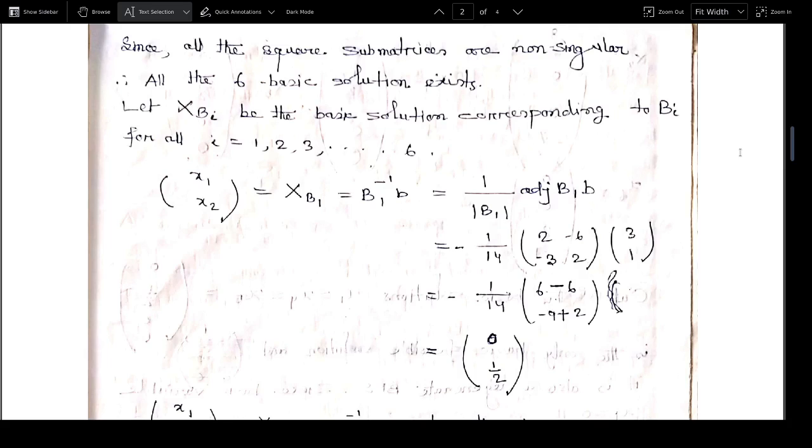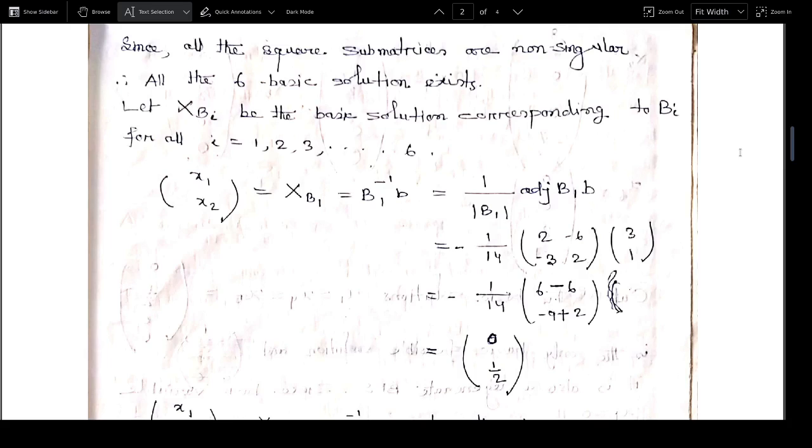Next you substitute the value, and all of you know now how to find out the adjoint of the matrix. Suppose A is one matrix. So next you find out this inverse. Inverse formula is adjoint A by determinant A. So adjoint A, how to find out?